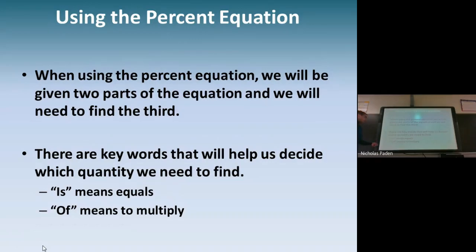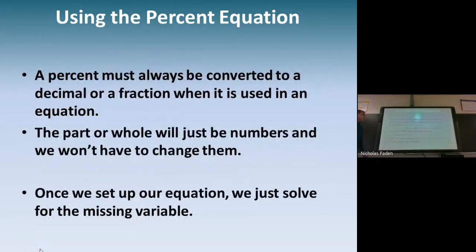So a couple of other things before we look at some examples. A percent, remember, you've always got to convert that. Make it either a decimal or a fraction. So most of the time we convert percents to decimals. That's the easiest thing to use in an equation. And so we'll be always converting percents to decimals.